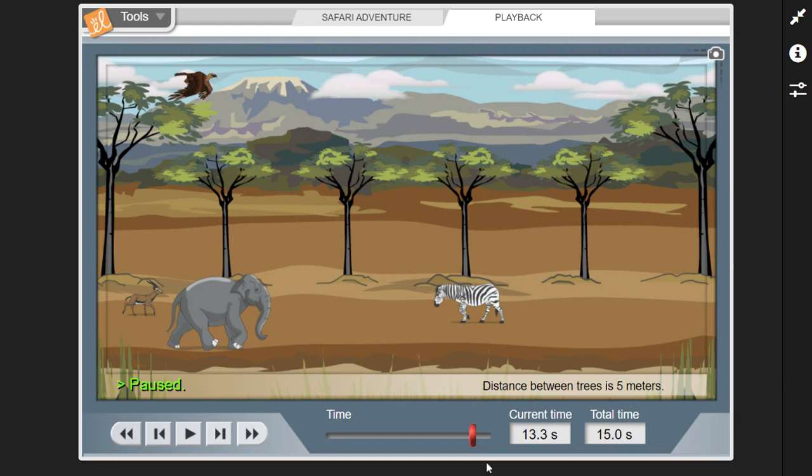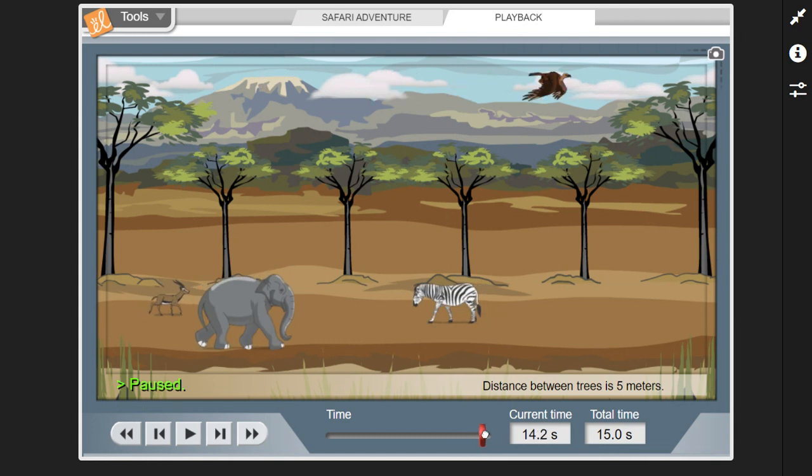If you look down here, current time is 13.3 seconds. Probably going to watch this go for 10 meters or more. So let's watch it. So if we go 15 meters. So we started at this tree, so it was 5, 10, 15 meters for the vulture.